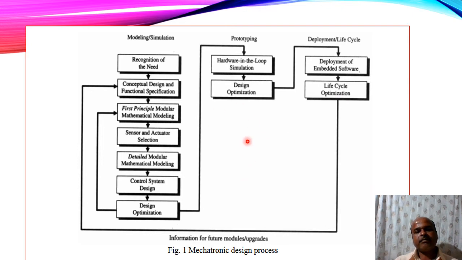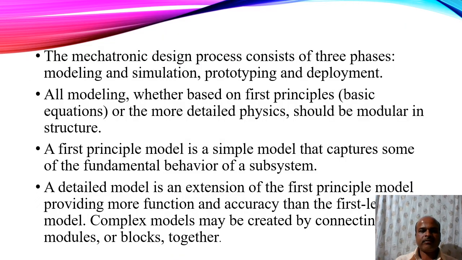So this is a detailed block diagram, or you can draw the previous diagram. In more detail, this diagram is provided to you. The mechatronic design process consists of, as previously mentioned, three phases: modeling, simulation, prototyping, and deployment. All modeling, whether based on first principles or the more detailed physics, should be modular in structure.